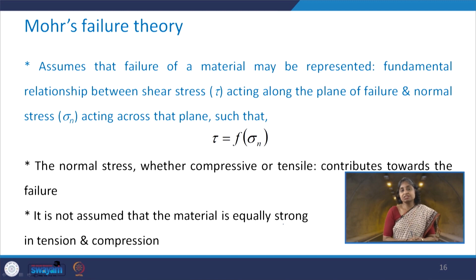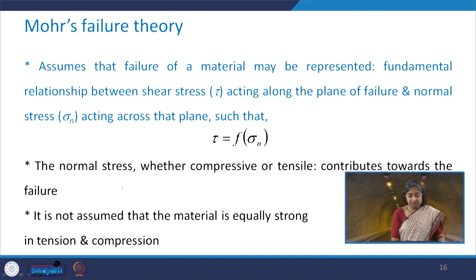So, one of the first and the most basic is Mohr's failure theory. Many a time we confuse Mohr's failure theory and the Mohr-Coulomb failure criterion. These are two different things. So, first let us understand what Mohr's failure theory was, and then we will learn about the Mohr-Coulomb failure criterion.